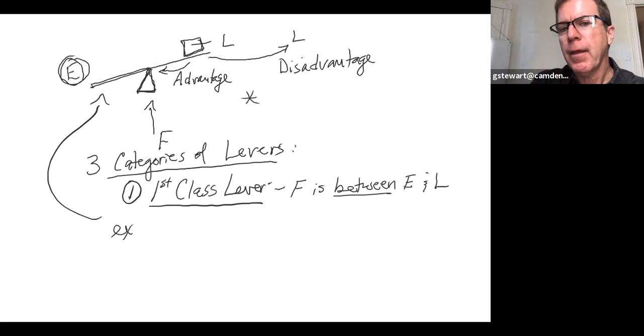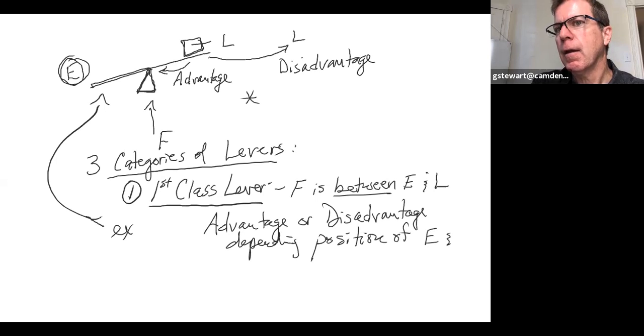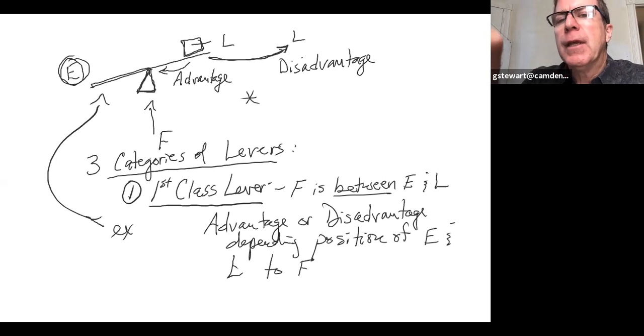So, an example, I'll give you a human example in a moment, but I'm going to write advantage or mechanical disadvantage, depending, I'll say, position of E and L to F. So the further away L gets becomes a disadvantage, and the closer that E gets, that's also a disadvantage.